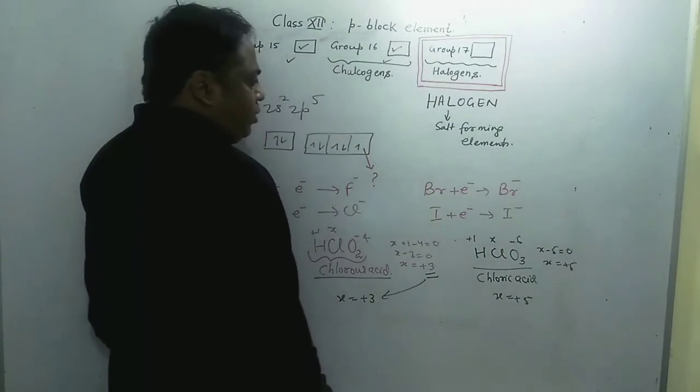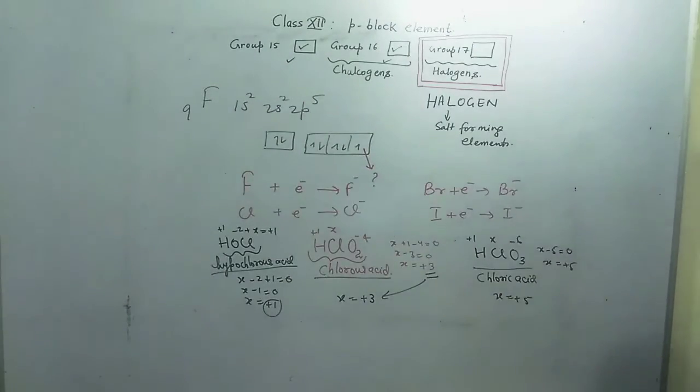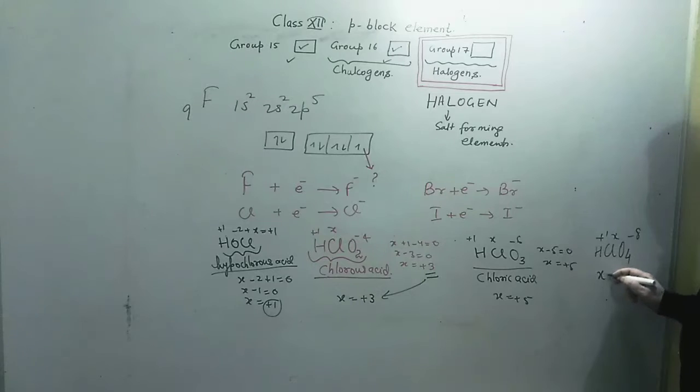And if I take perchloric acid, is this part visible in the camera? Yes, it is. If I take HClO4, so minus 8 plus 1, so very clearly here x will be equal to plus 7.